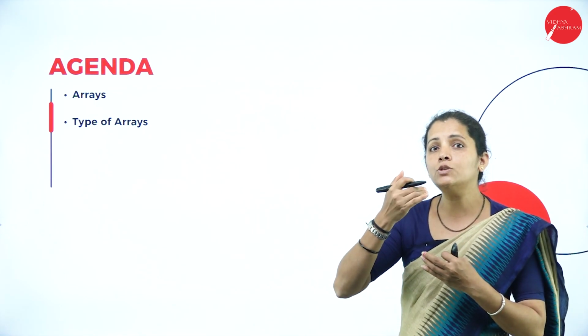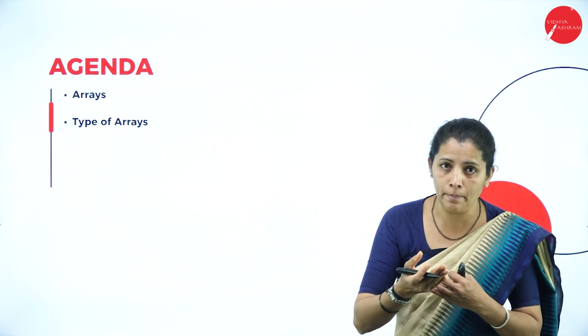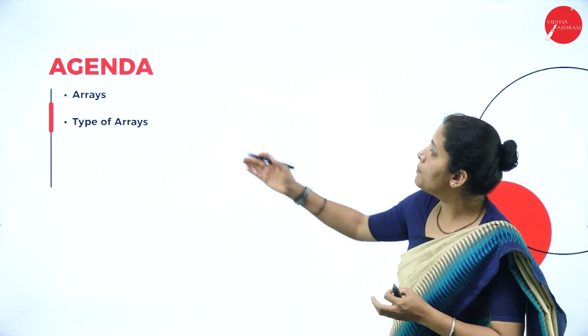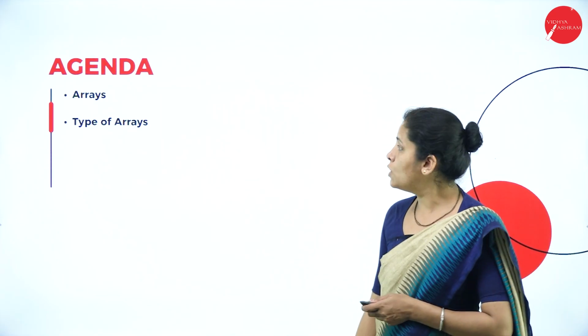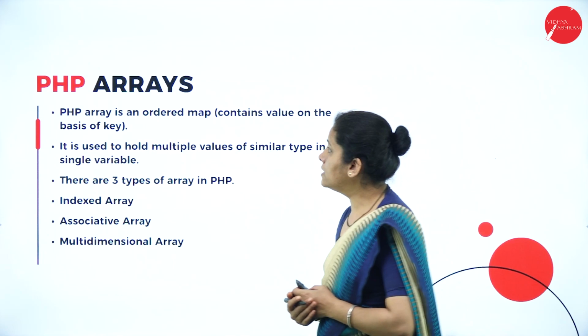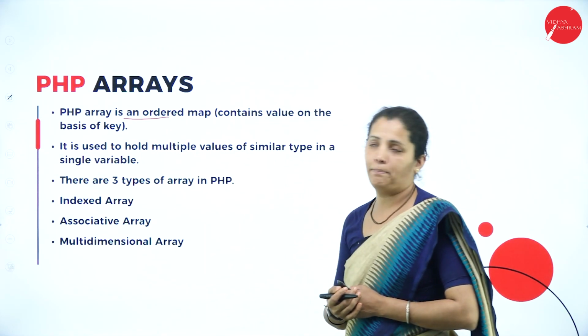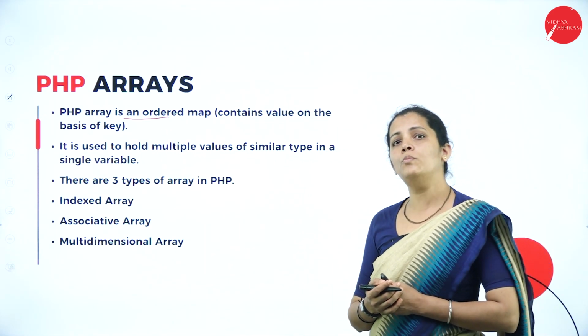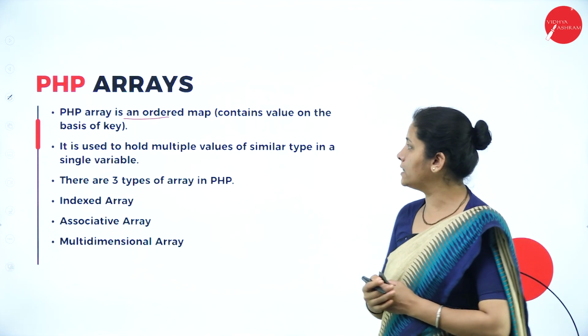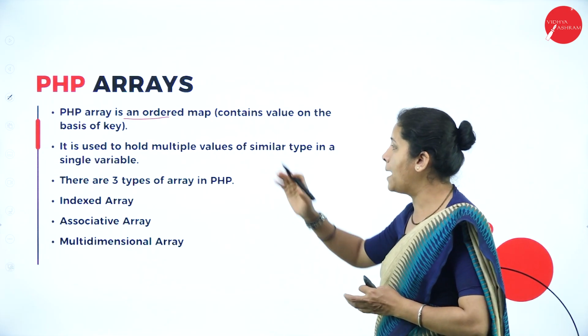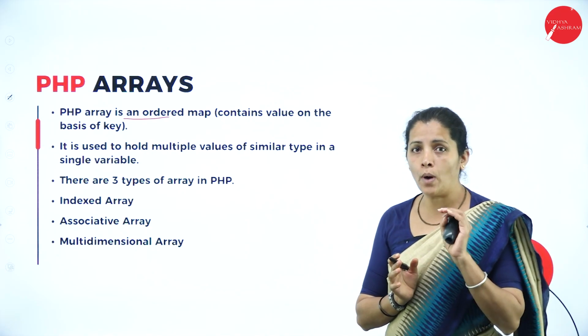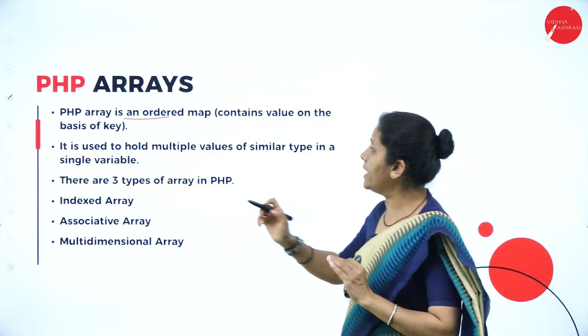Collection in the sense what? More than 2 elements. Then I'm going to have array. So array is nothing but an ordered map. It's a collection of homogeneous element, or it's nothing but the ordered map that contains value based on the key.